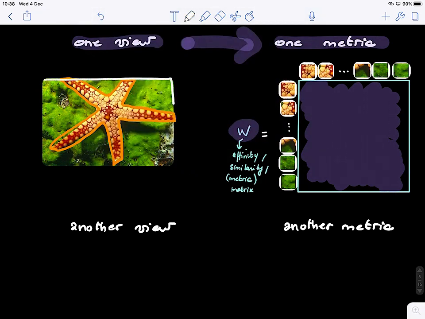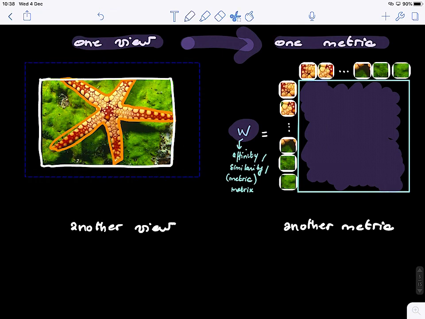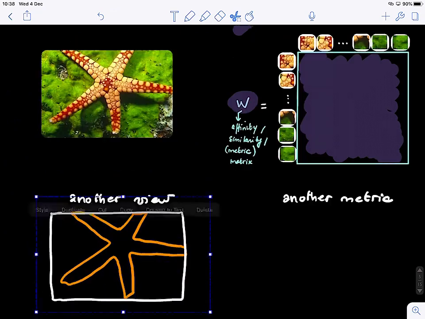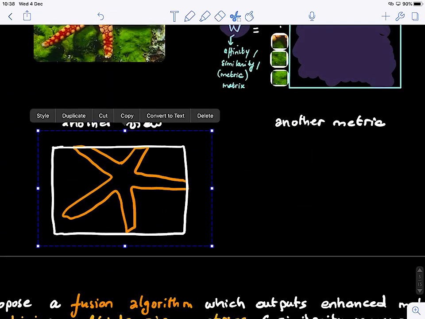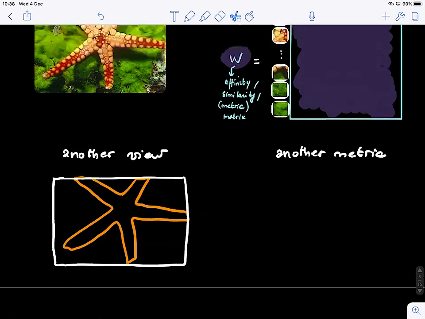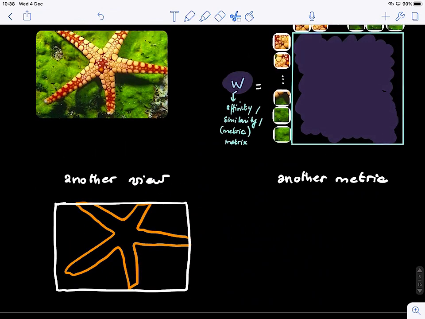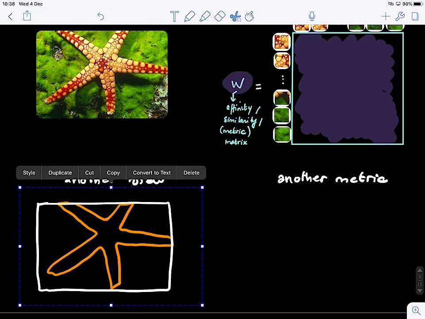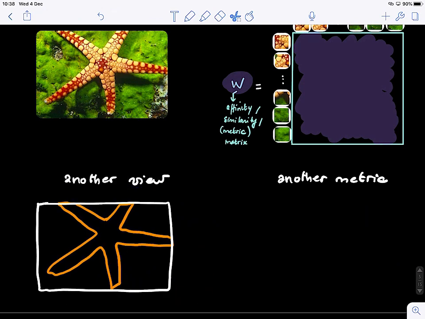So this is the image. And if I do this, this is actually another representation of this image. It's the gradient or the edge detection of this image. So it's a different way of looking at the image, based on the boundary of the objects inside the image.